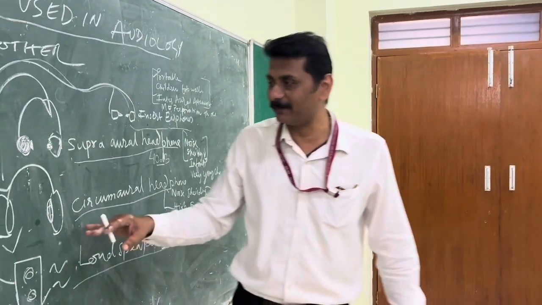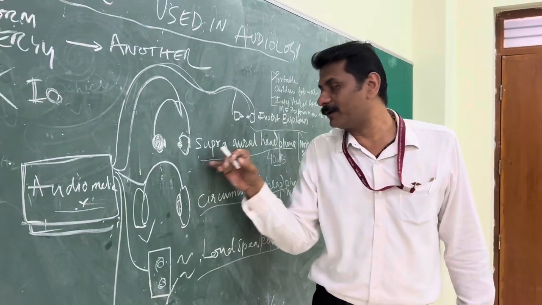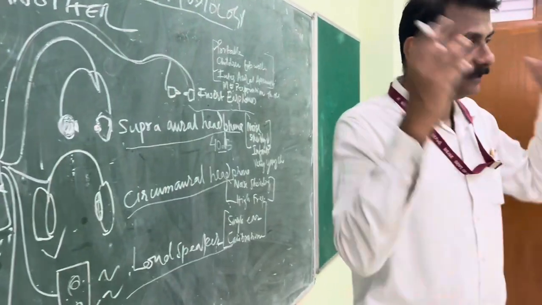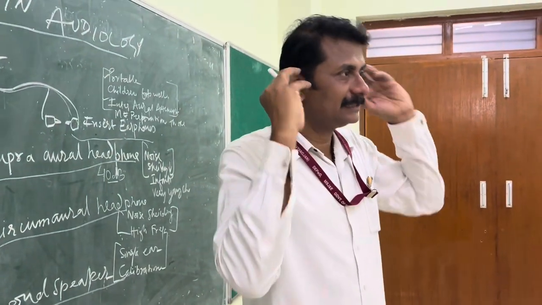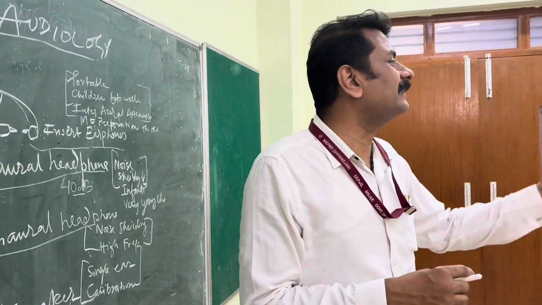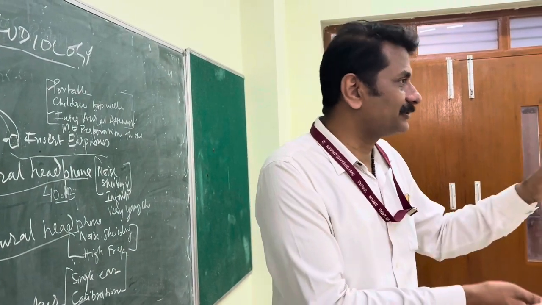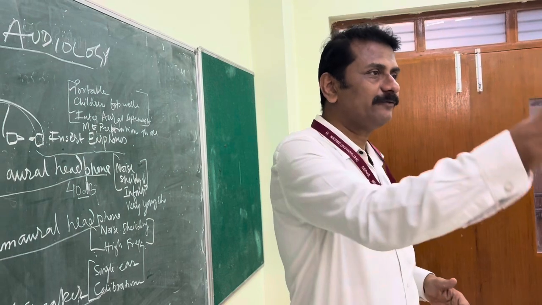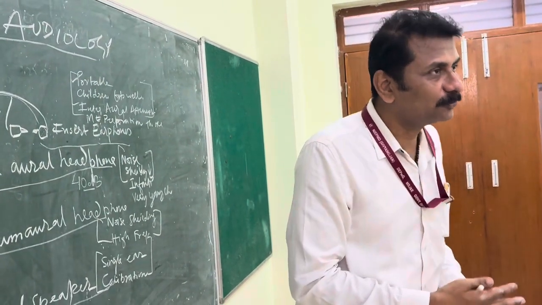Then if you go to the supraaural headphones which are most commonly used, you can place them on the ears, easy to operate, but there is difficulty especially in young children, and the noise protection is not that good. So you have to do it in a sound treated room.